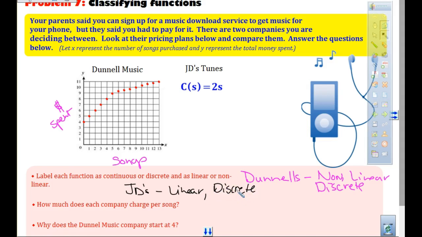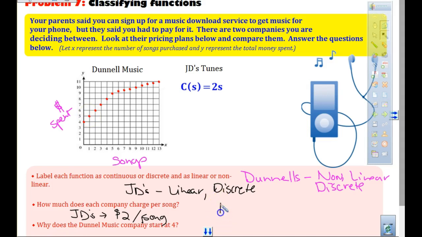So how much does each company charge per song? We can really easily tell in JD's, right? JD's is charging how much per song? $2 per song. But Danelle's, it looks like it starts off at one song is how much? So first song, right?